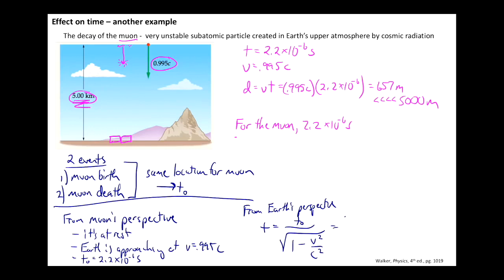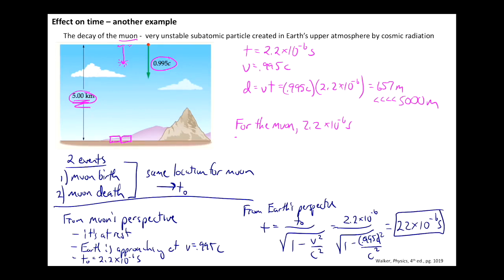So plug those numbers in. We've got 2.2 times 10 to the minus 6, and at the bottom, we've got the square root of 1 minus 0.995 c squared over c squared. The c squareds cancel like they always do, and then we just have this radical in the denominator, which is going to end up giving us a larger time, and you'll see that 22 times 10 to the minus 6 seconds have passed on Earth.